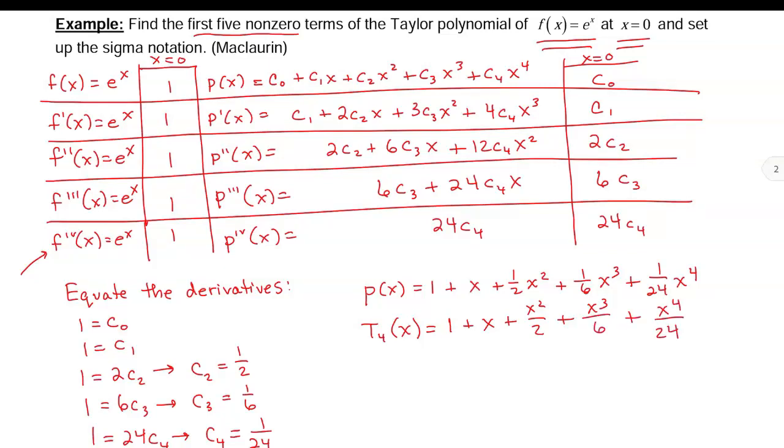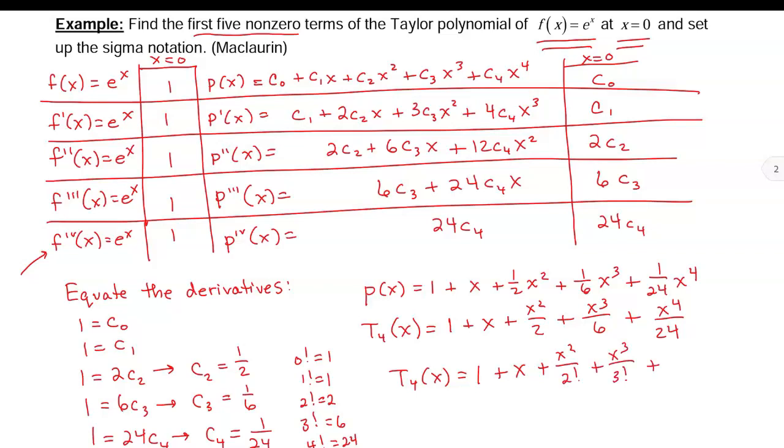Now I'm going to look at those denominators. They remind me of the factorials. Remember that 0 factorial is 1, 1 factorial is 1, 2 factorial is 2, 3 factorial is 6, 4 factorial is 24. And that's enough to be able to set this up with the factorial notation. 1 plus x squared over 2 factorial plus x cubed over 3 factorial plus x to the 4th over 4 factorial.